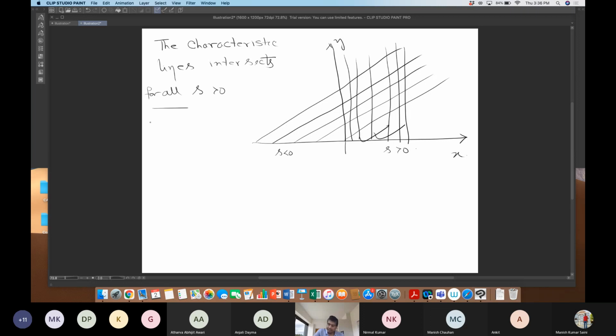Now the question is, if the characteristic lines intersect at those points, you have a problem in defining the solution, the classical solution.